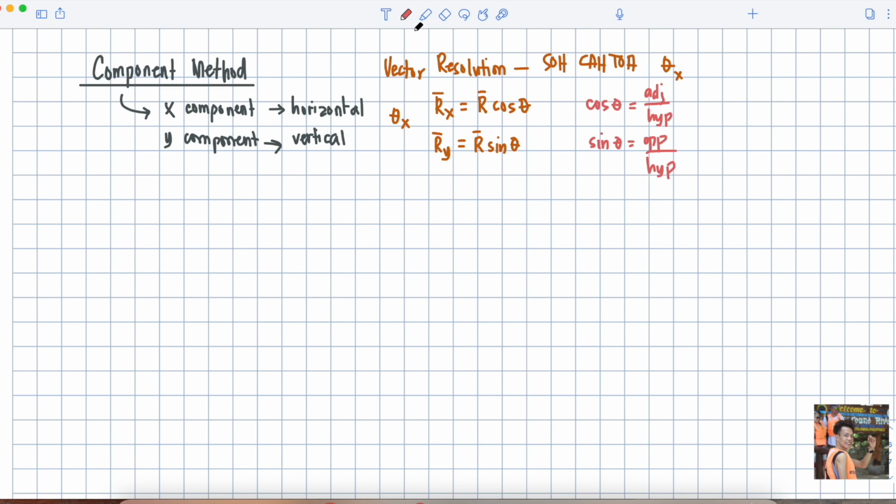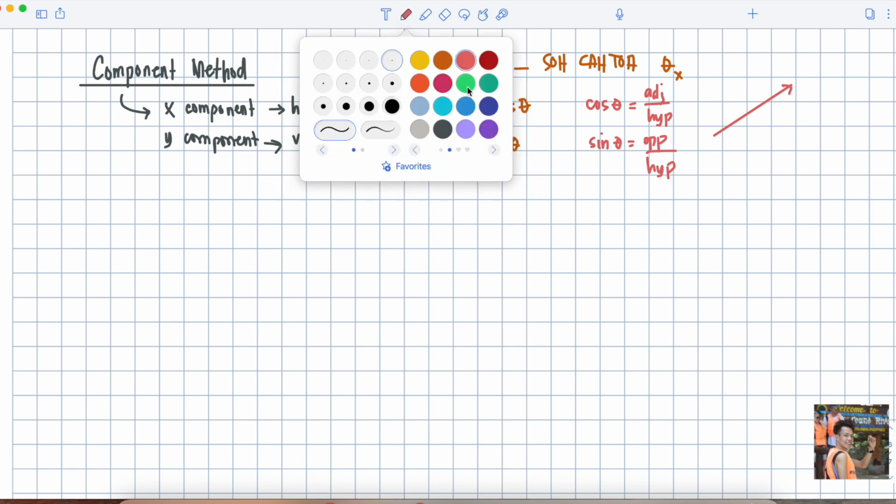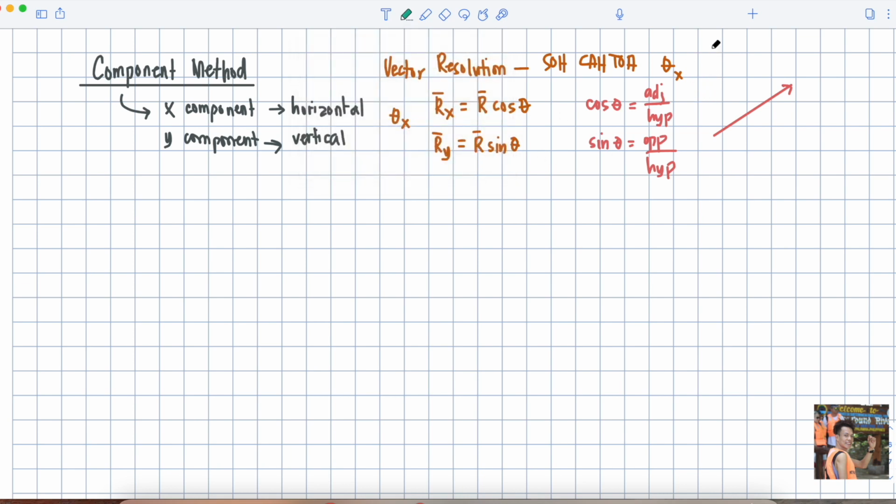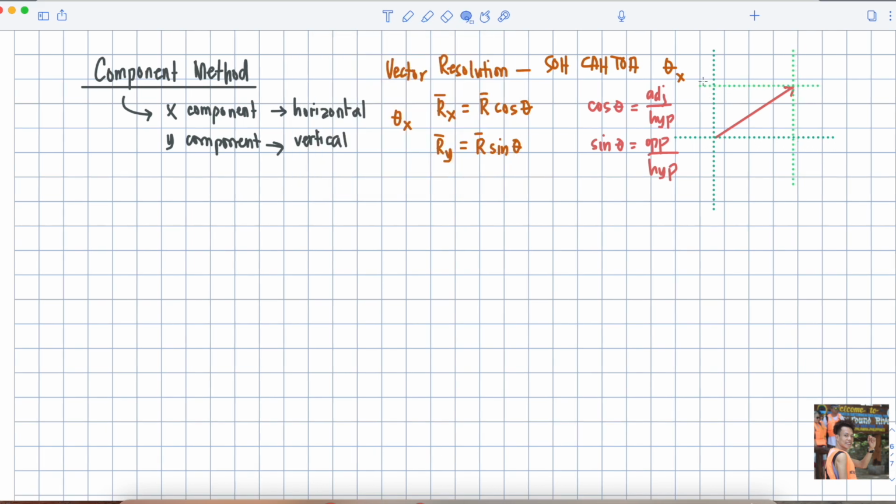For example, we have one given vector that is oblique to the northeast direction. Now, if that is our given vector, then what are its y and x components? The x component of this vector is the magnitude of the vector that lies along the x-axis.